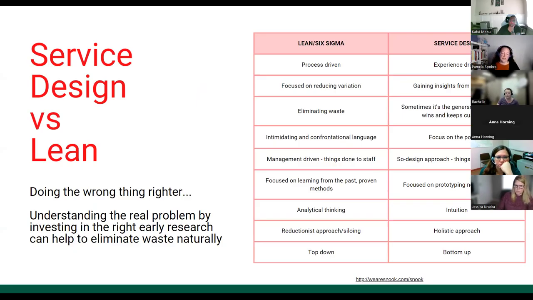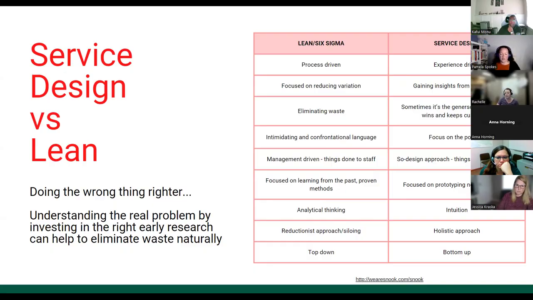So here, just looking at these few things. Lean is very process driven, eliminating waste. Let's look at the process. Let's get the process to its optimal amount. And service design is about being experience driven. How is this service experienced, and what makes the most sense to actually create an experience that people want to use?